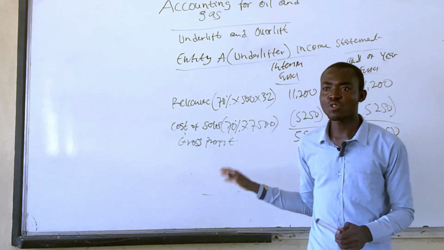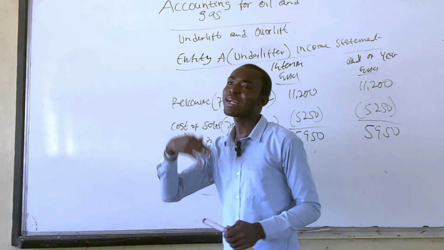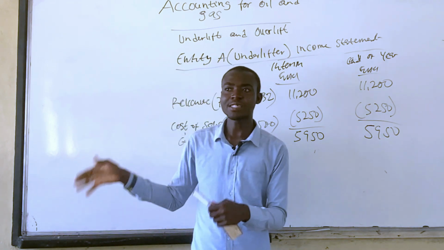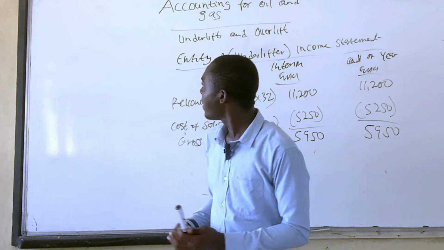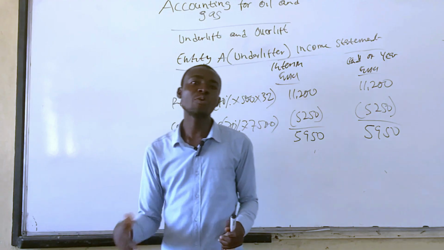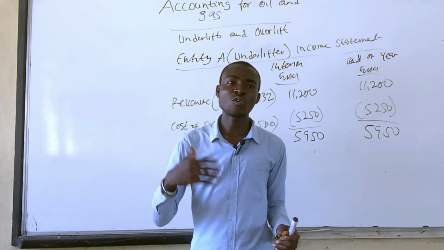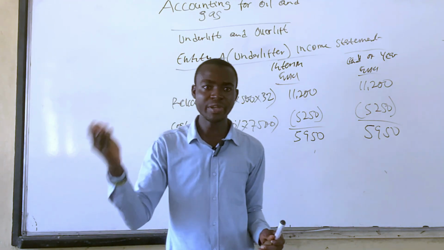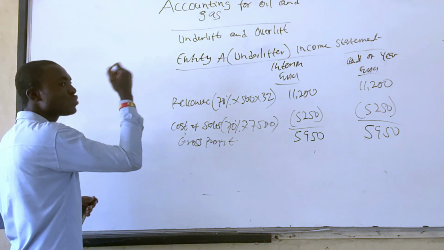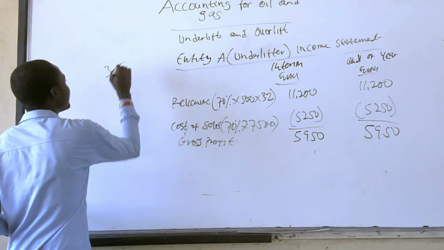After you have gotten your gross profit, we must account for other income and other expenses as well. According to the question, at the end of the year there was an increment in the price of the oil. The oil price at the end of the year shot up to 35 Ghana cedis.